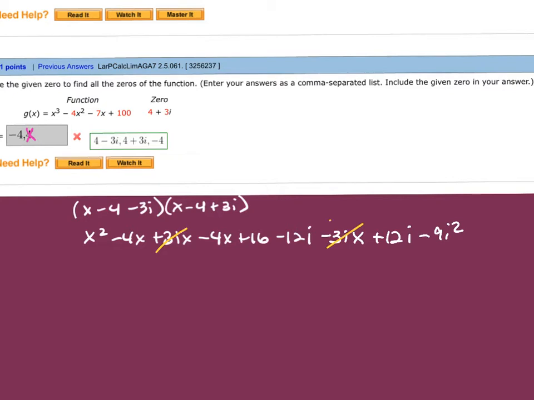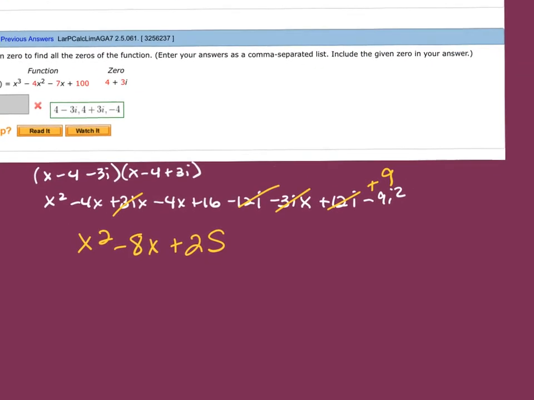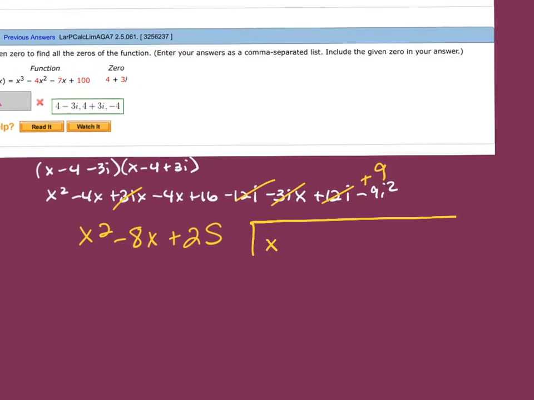These cancel, that becomes a positive 9. That goes on the outside. This would be x. Change your signs.